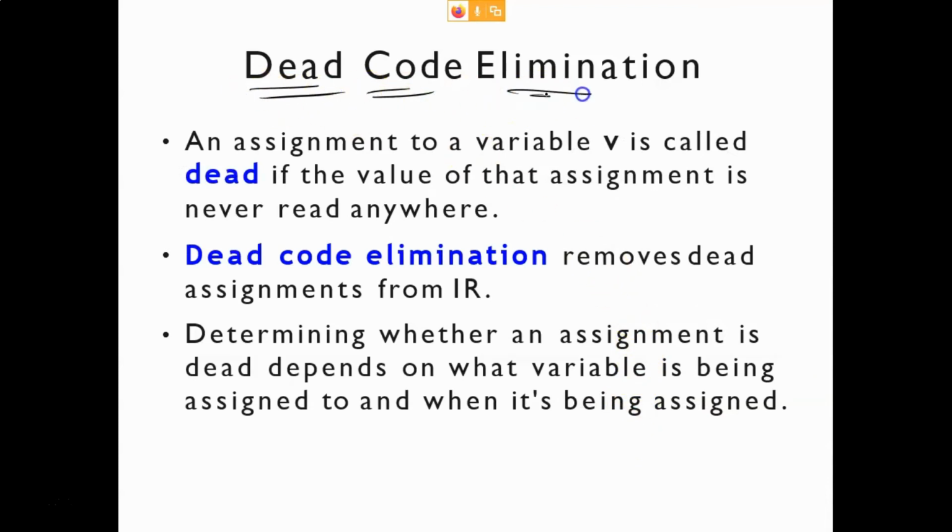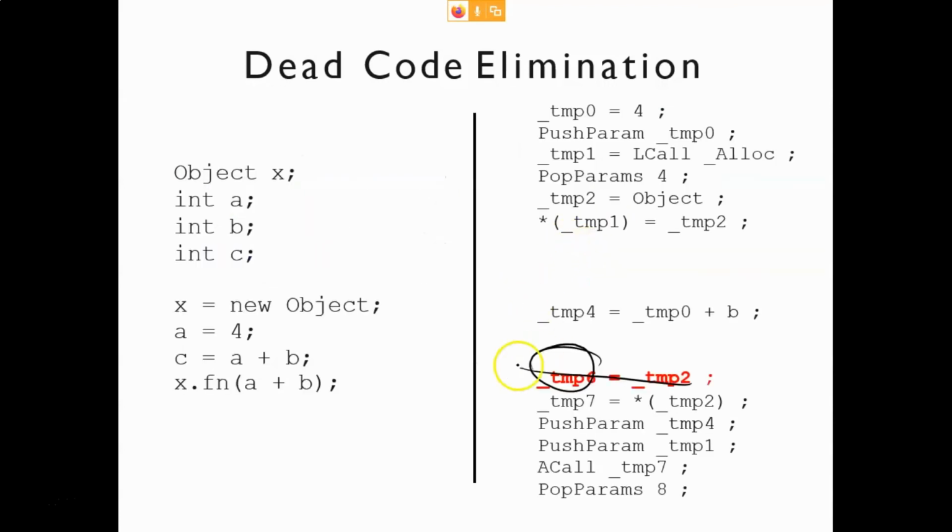What is the definition of dead code elimination? An assignment to a variable V is called dead if the value of that assignment is never read anywhere. For example, here you can see this assignment to the variable temp6. This definition of temp6, we are not using it anywhere.